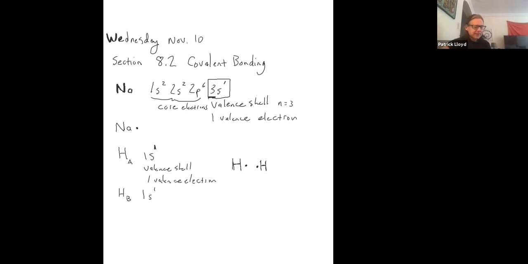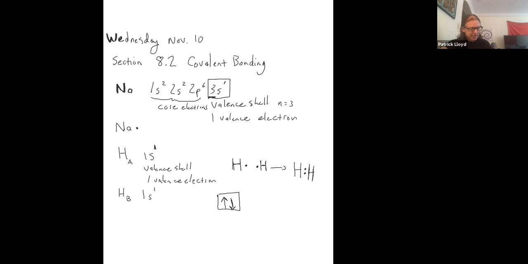And what we'll claim is that because of quantum mechanics, because of the potential to have pairs of electrons occupying orbitals, that's a real phenomenon, what can happen is these 2 hydrogen electrons can form a pair of electrons.